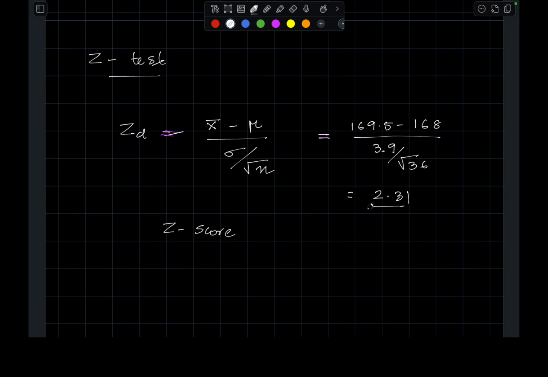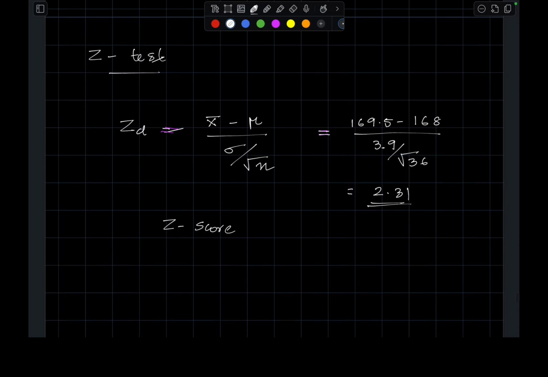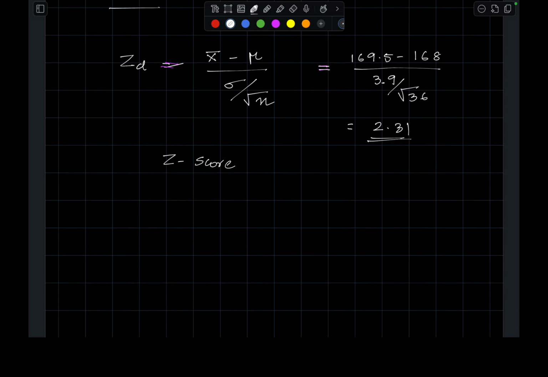So this value is 169.5 minus 168 divided by 3.9, which is the population standard deviation, divided by root of the sample size, which is root 36, and it corresponds to 2.31. So this is the Z score which we calculated, and this Z score 2.31 is greater than 1.96, right?